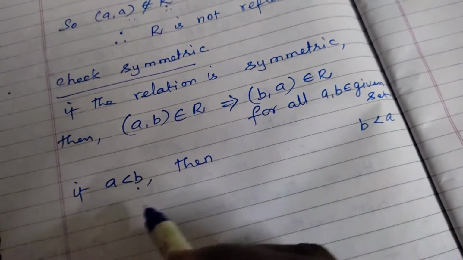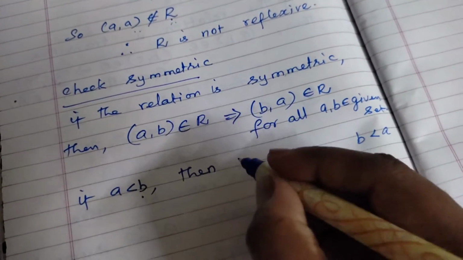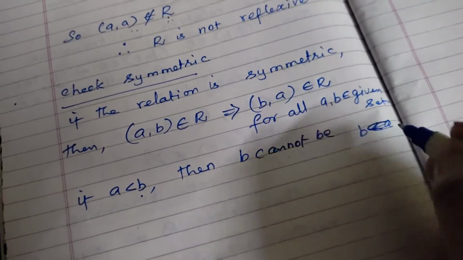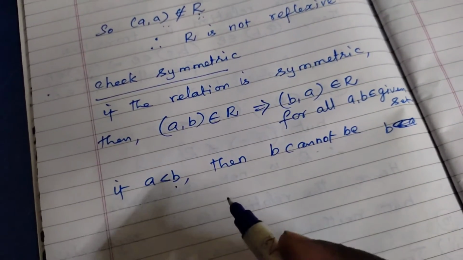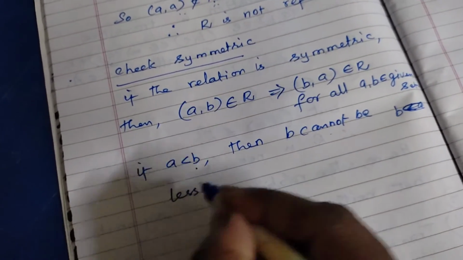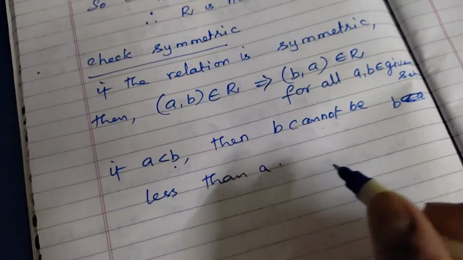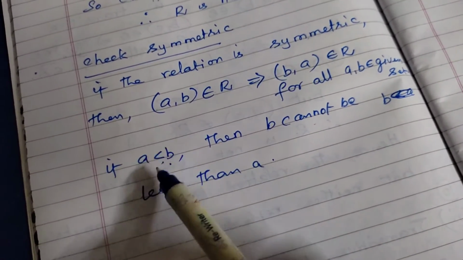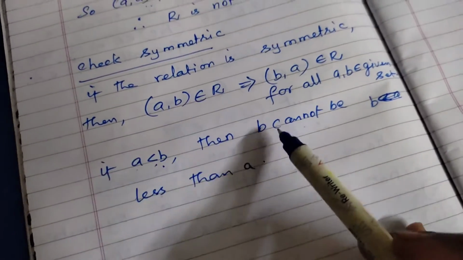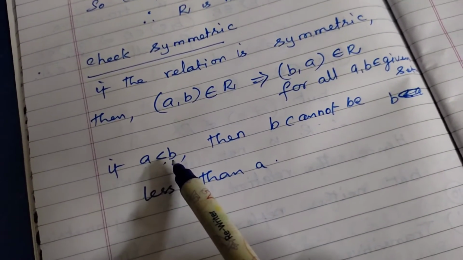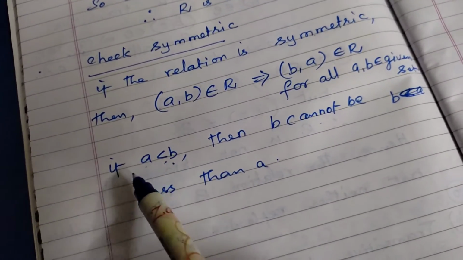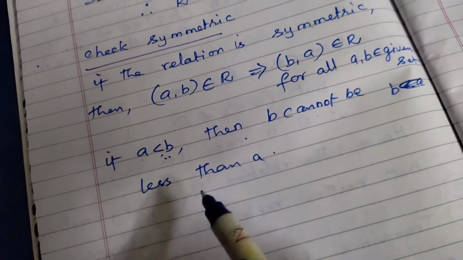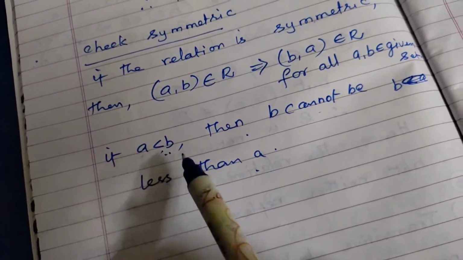But here a < b means b cannot be less than a. a < b means b is greater than a. This statement is correct. But from the relation condition, we have a < b, then b cannot be less than a because b is greater than a.